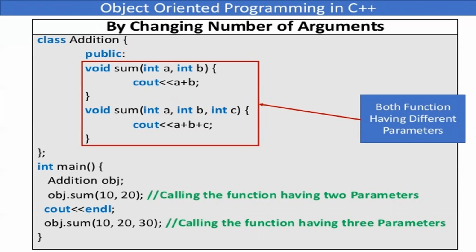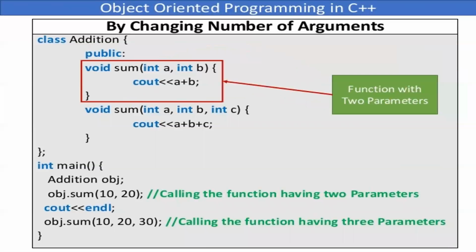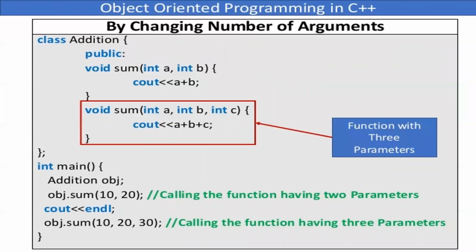Int a, int b, and int a, int b, int c. Number of arguments are different. Above there are two, below there are three. But they have the same name. So hence they are overloaded. This is a function with two parameters. This is a function with three parameters.